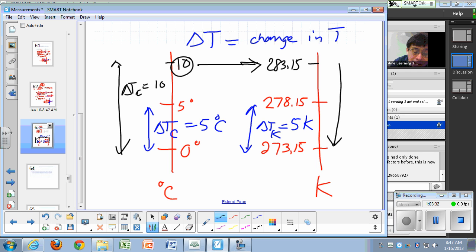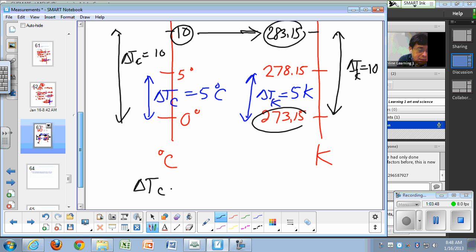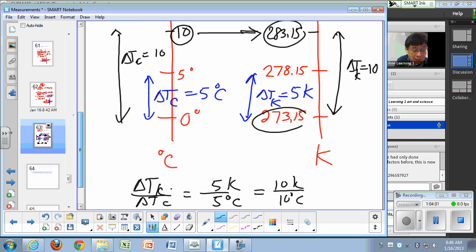So what's delta T on the Kelvin scale? 283 minus 273 is 10, right? So can you see that delta T Kelvin over delta T Celsius, it's 5 over 5. 5 Kelvin over 5 degrees Celsius is equivalent to 10 Kelvin over 10 degrees Celsius. Okay? That ratio, 5 over 5 is equal to 10 over 10. That's equal to 1. So this is 1 Kelvin per degree Celsius.